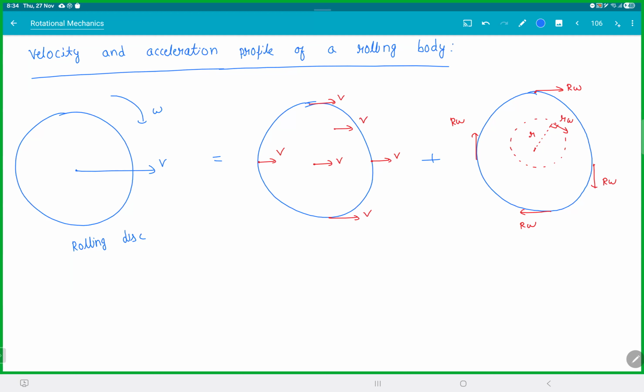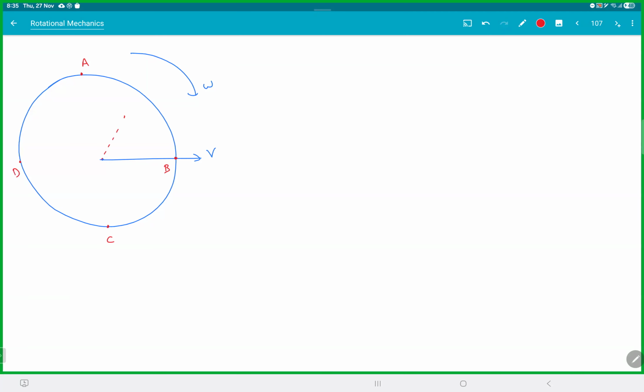So example, let's say this is going with v and this is going with omega. And if I ask you to find the velocity of this point A, velocity of this point B, velocity of this point C, and this point D, and let's say some point in the middle, somewhere here E, at an angle theta and distance r. So now what you can do, you can simply split this velocity.